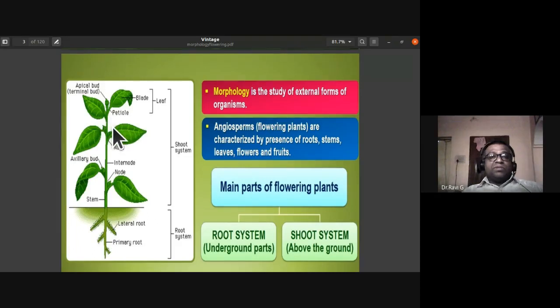The main parts of flowering plants are the root system, which is the underground system, and the aerial system, which is above the ground. We call it the shoot system.